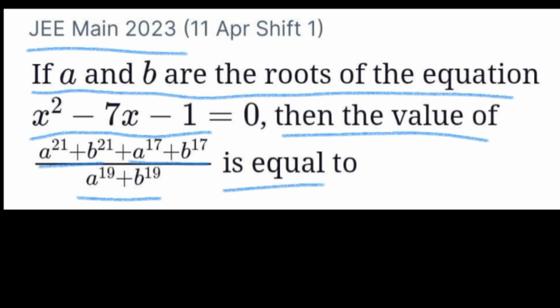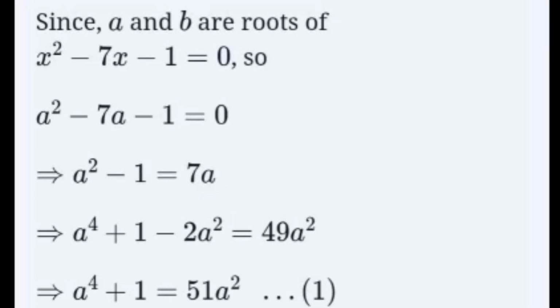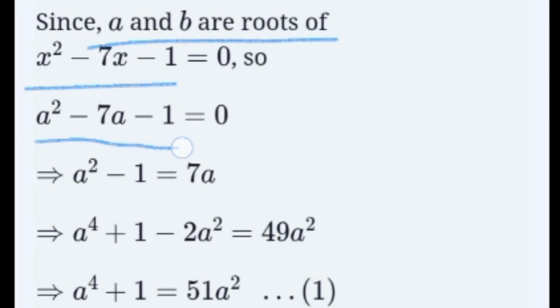Now solution: since alpha and beta are the roots of x square minus 7x minus 1 equals 0, substitute a square minus 7a minus 1 equals 0, so a square minus 1 is equal to 7a. Squaring on both sides, a power 4 plus 1 minus 2a square is equal to 49a square, so a power 4 plus 1 is equal to 51a square.